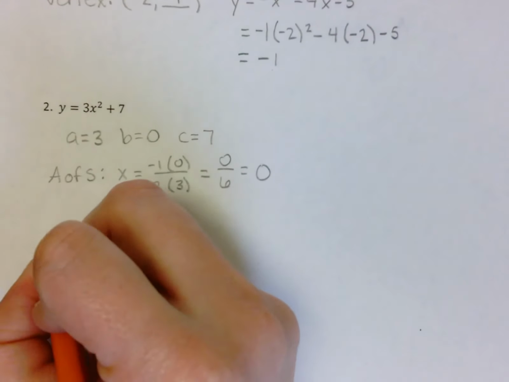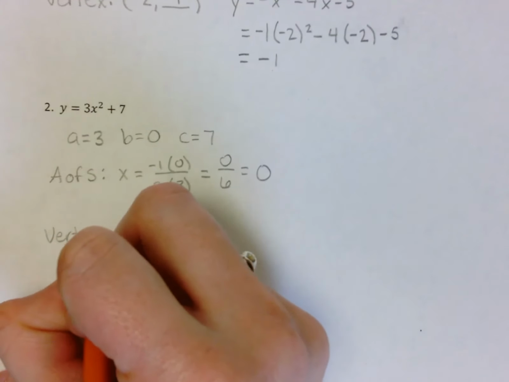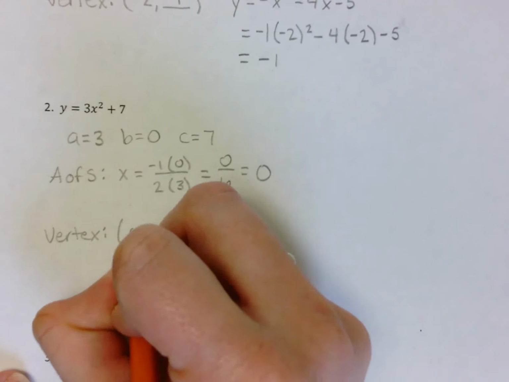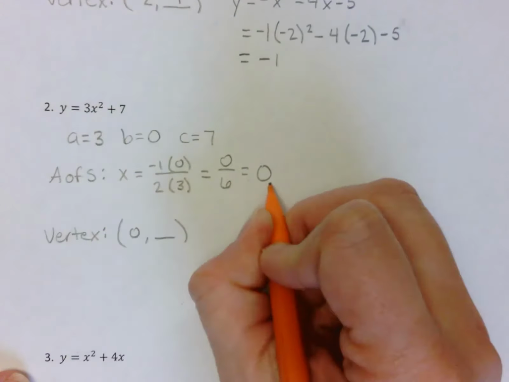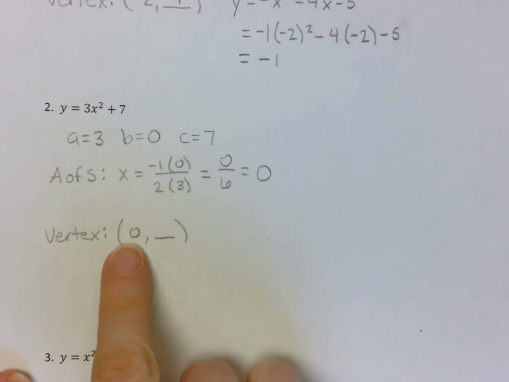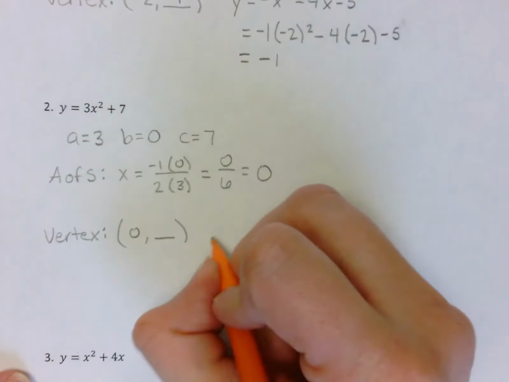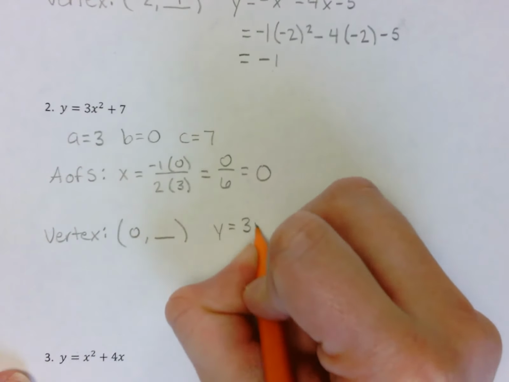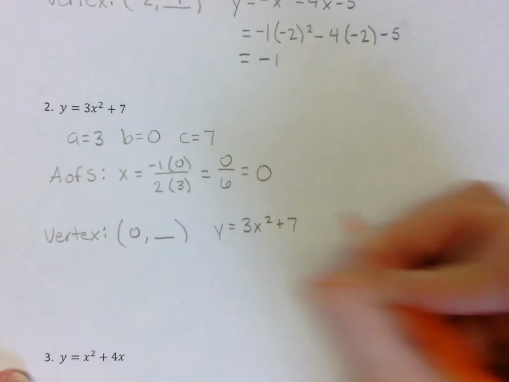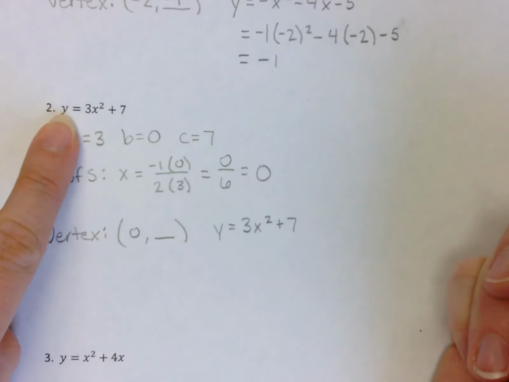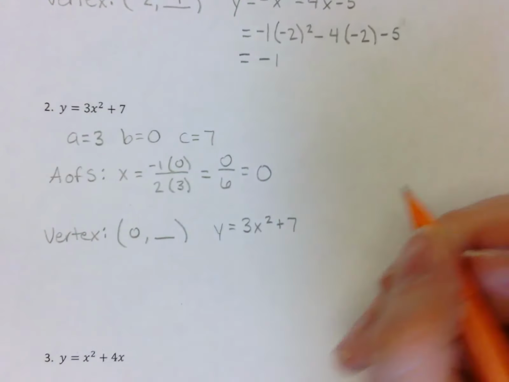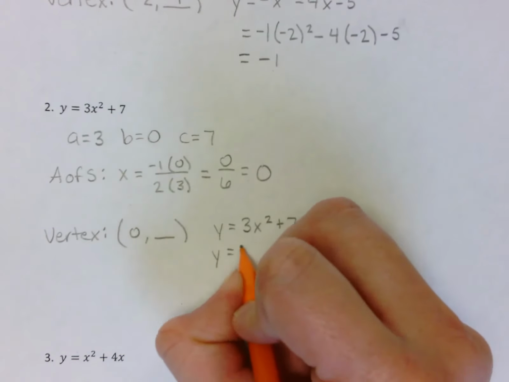Now let's find our vertex. Because the axis of symmetry is 0, that means the x value of our vertex will be 0. We need to plug this in to find our y value. Use the original equation that you're working with to plug in your x value from your axis of symmetry.